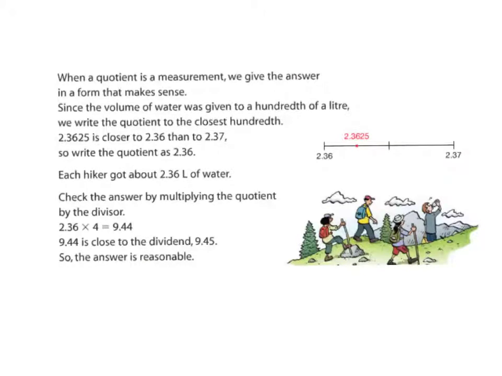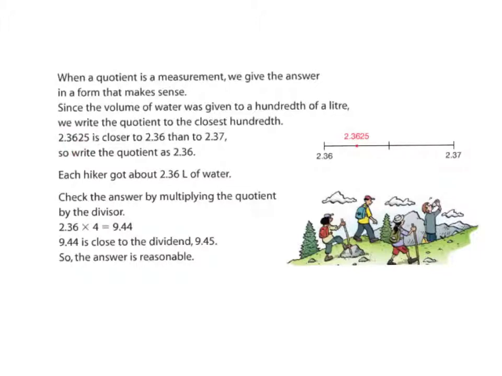All right, and then communicating this decimal number, depending on the problem, changes slightly. So when the quotient is a measurement, we give an answer in the form that makes sense. Since the volume of water was given to the 100th of a liter, we would write the quotient, and remember the quotient is the answer, to the closest 100th as well.